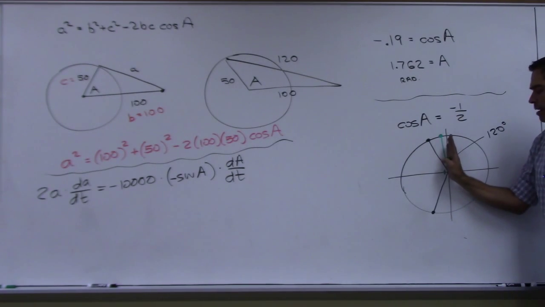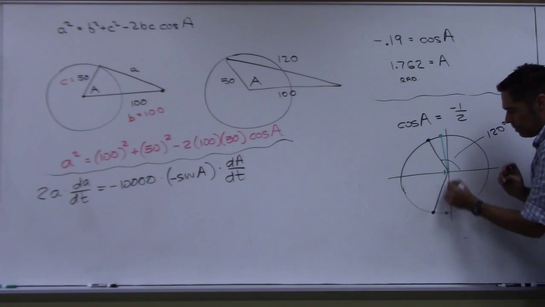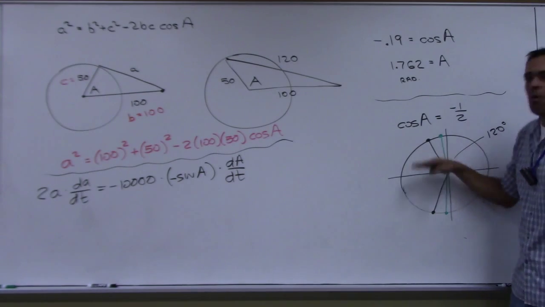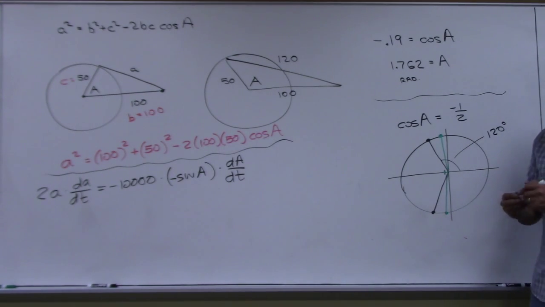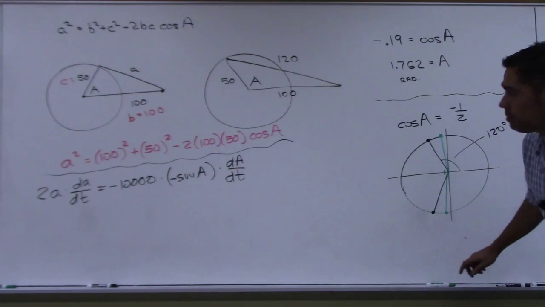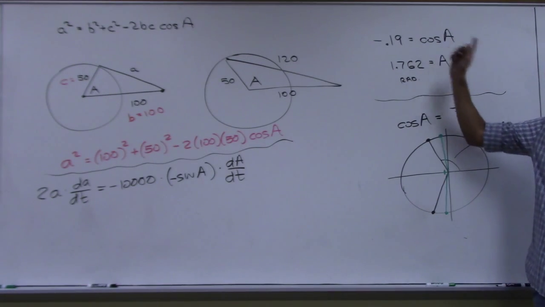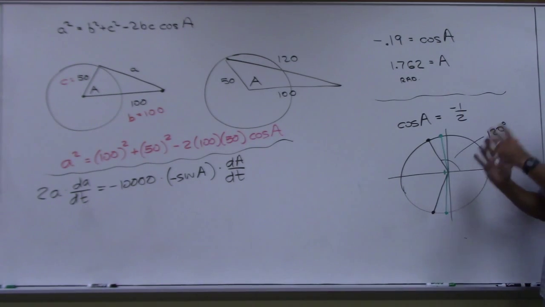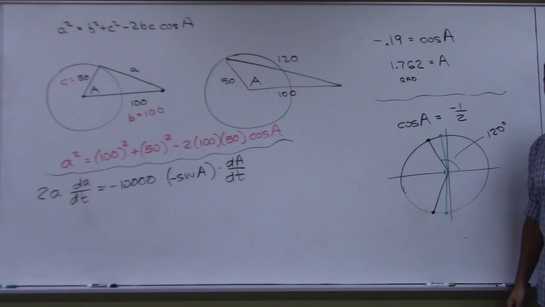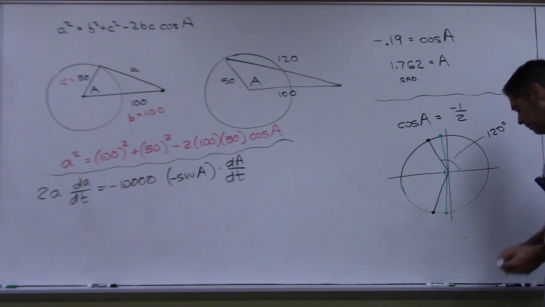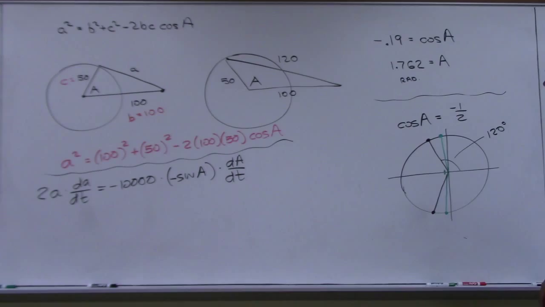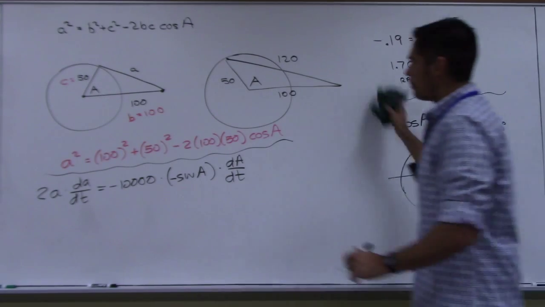There's another one down here where it happens, but that's past 180. So it's a subtle thing. If you did another problem with sine on both sides, you'd probably have more things to be concerned about. All right. Keep going here.